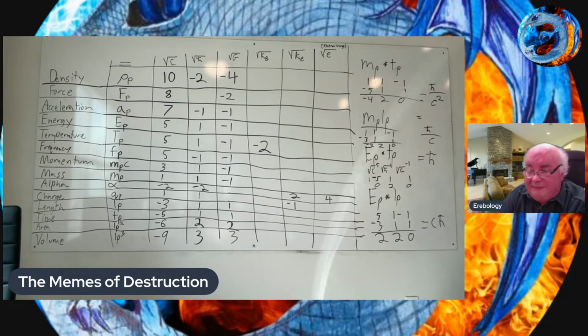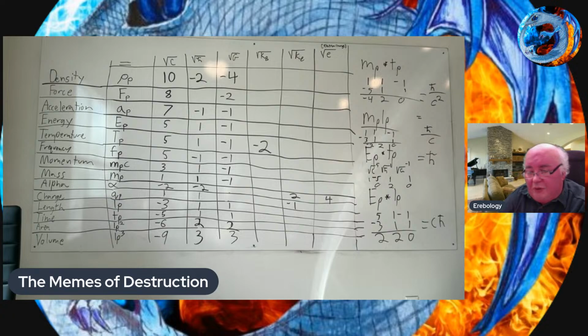Mass times time is H bar over C squared. Mass times length is H bar over C. Energy times time is H bar. And then energy times length is C H bar. So in general, you've got an H bar and C to some power, but EPTP has an implicit C to the 0th power.